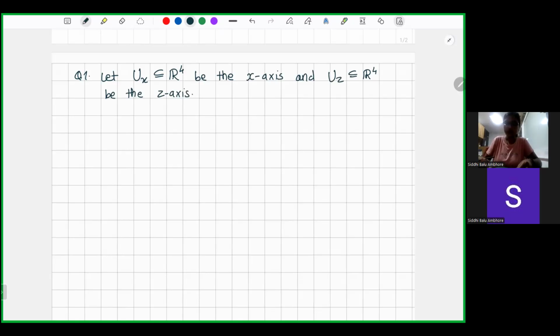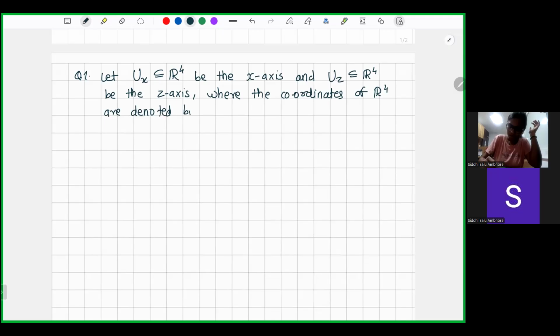Let UX be the subspace of R4, that is the x-axis, and UZ denotes the z-axis in R4, where the coordinates of R4 are denoted by x, y, z, w. So UX is the x-axis in R4 and UZ is the z-axis in R4.